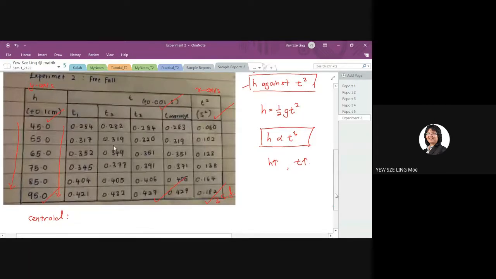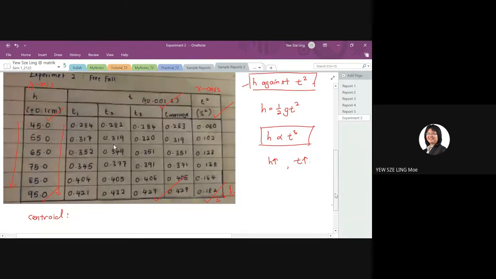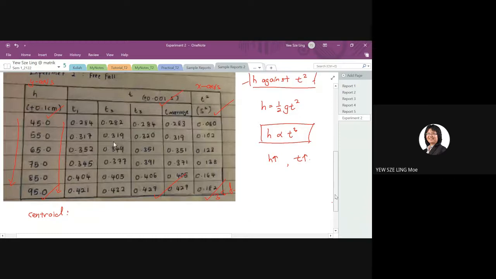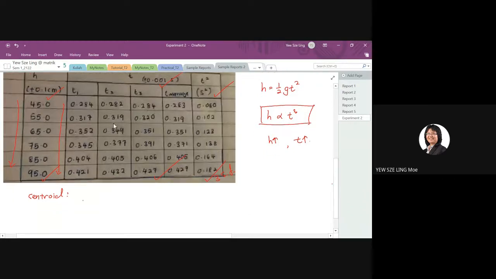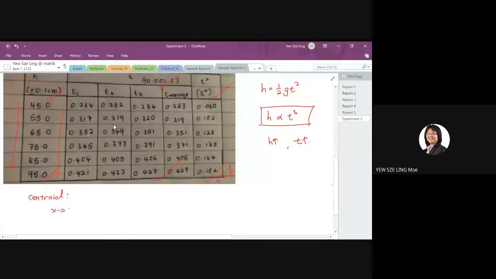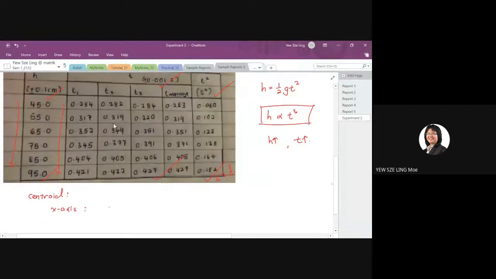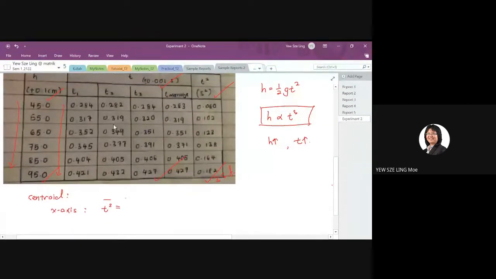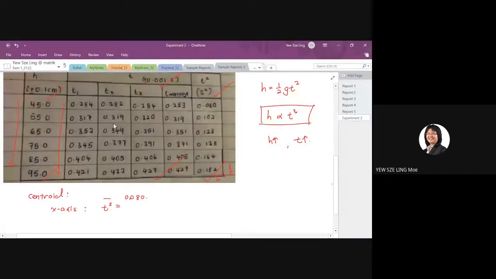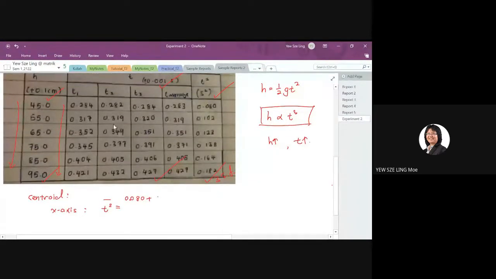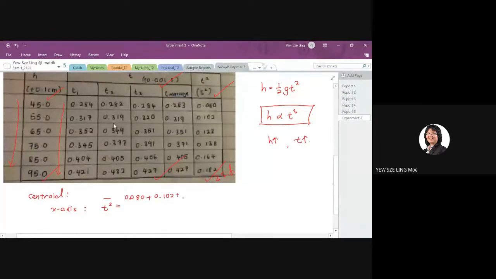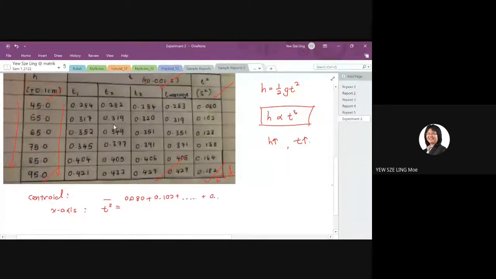So we want to calculate the average value for t squared and the average value for h. For the x-axis, you calculate average t squared. According to my table, I have 0.080 plus 0.102 plus until 0.182.